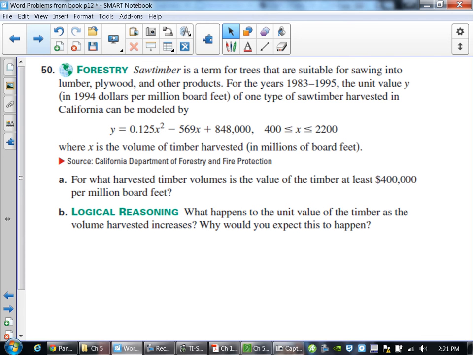So in number 50, it goes through this whole thing about saw timber and whatever. You saw timber and you said hi. I can cut it down. You want me to leave you alone? I'm breaking it in today.